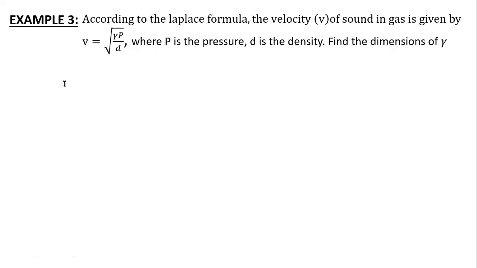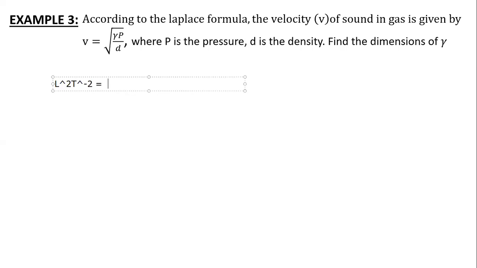You can try to find out your velocity in terms of dimensions. If I shift the square root to the other side, that will be simply L power 2 T power minus 2, because mass is 0. On the other side, it is pressure by density, along with gamma, which is the unknown value.